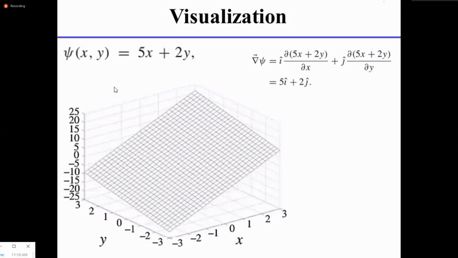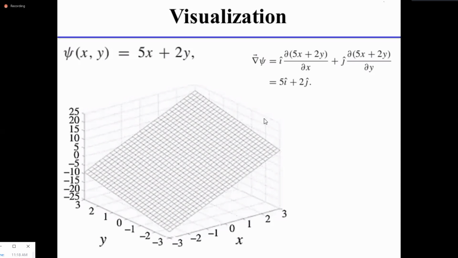You can see the value of the function is increasing more quickly as you increase the value of x as compared to the increase with y. So it is obvious that this gradient, which has got a bigger component along x, will have correspondingly a steeper increase along x direction.